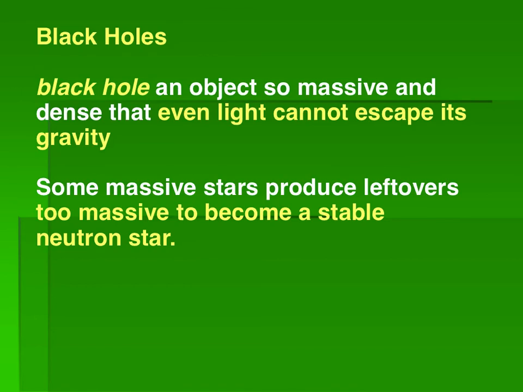A black hole, kind of the last thing we're going to talk about. Black holes kind of originate with the death of these stars. It's an object so massive and dense that light can't even escape it. So massive stars produce leftovers too massive to become a stable neutron star. So some of these supergiant stars, when they die, leave us a black hole. So remember, a star has this core, right?